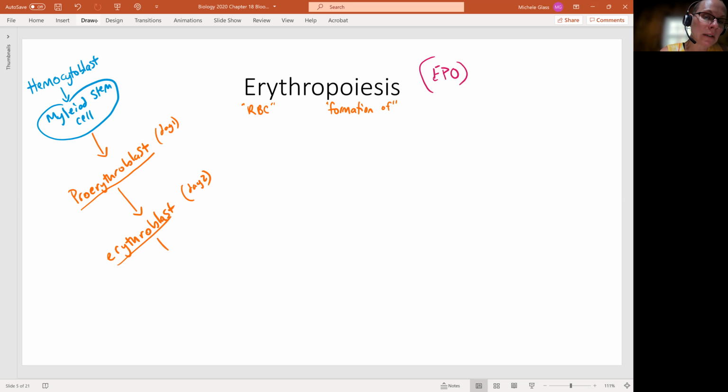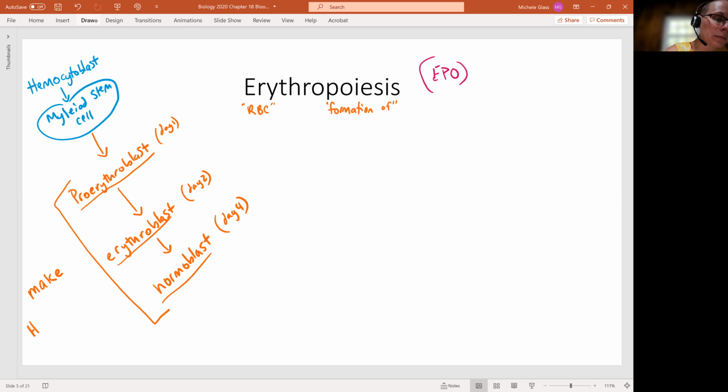And then we have a cell that we call the normoblast. So by around day 4, our development has progressed enough that we call the cell a normoblast. And what's really happening in this whole period of time is we're making hemoglobin.